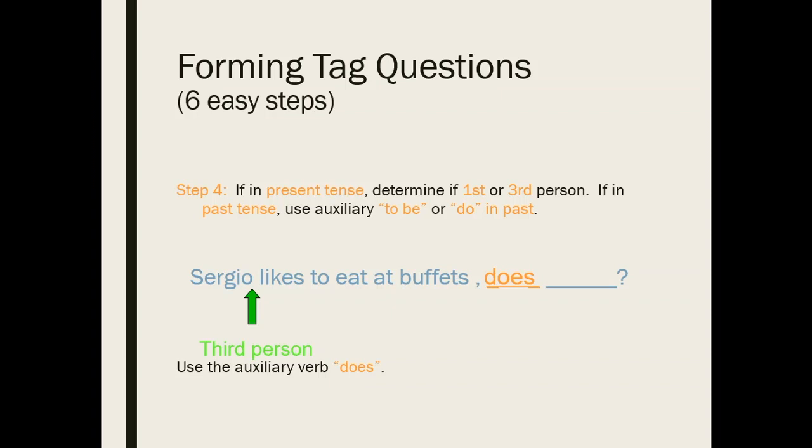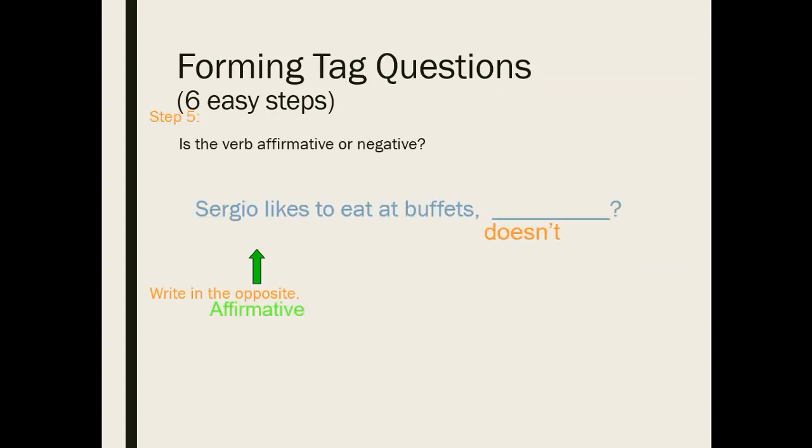Now the answer is we use the auxiliary verb does, since the simple present ends with the letter S. It is in the third person singular. That's why we use the auxiliary verb does, right? Does. So doesn't.